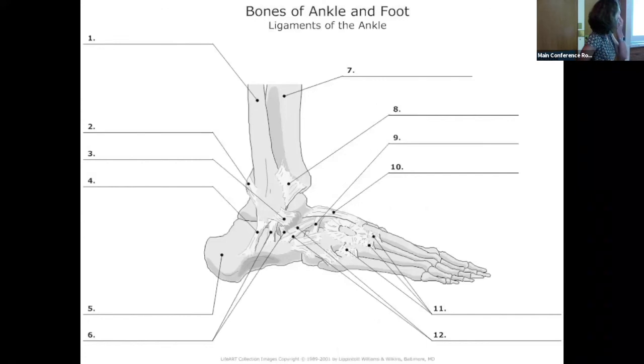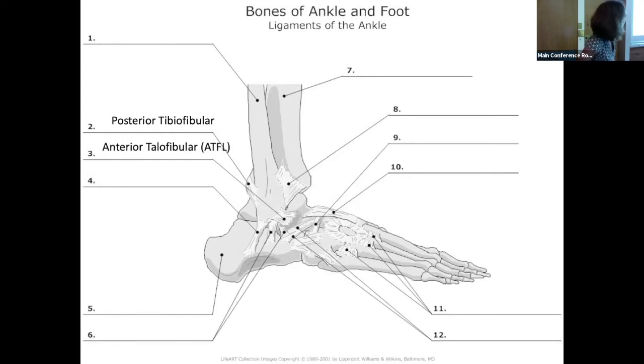Just a quick review of the ligaments. These are also important to remember. Number two is your posterior tibiofibular ligament. And number three is your anterior talofibular. This is the most commonly injured ligament when it comes to ankle sprains.